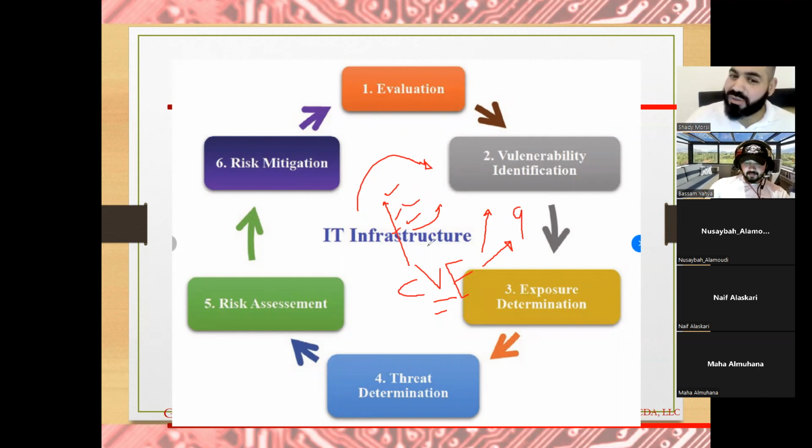According to all these factors, they will give a number. And this number is very well known for all the vulnerabilities. So once you have this number, it can give you exposure determination. If you evaluate the threats, after this you can tell the score of the risk assessment according to the threats.